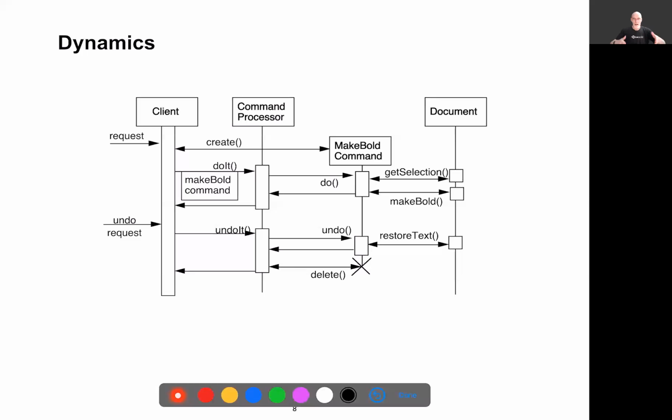The command is going to have to keep track of what part of the text it made bold, so when we call undo, it can change the font in that exact location again. Does that make sense?